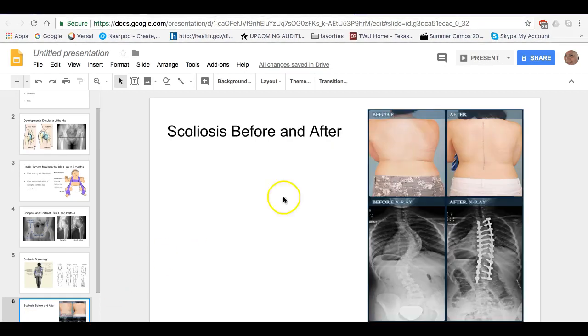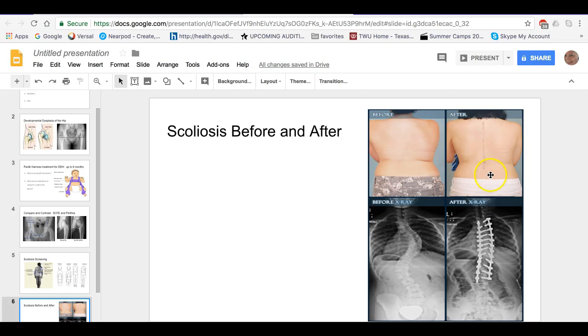This is a kid who had surgery to repair their scoliosis. This is what the child looked like visually from the outside. You can see their asymmetry there. And this is what her x-ray looked like. So you see that big curve.